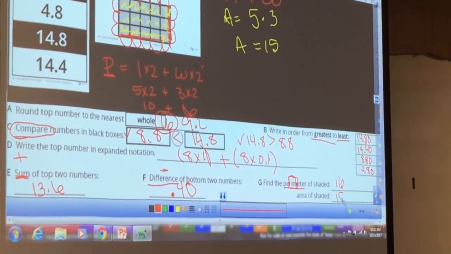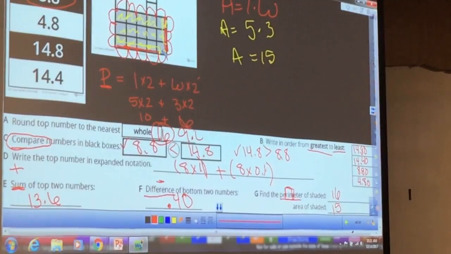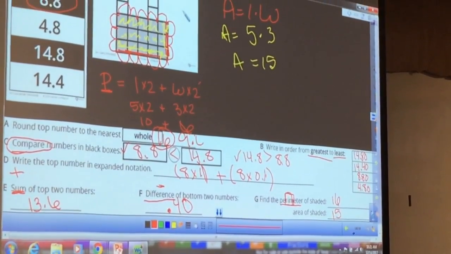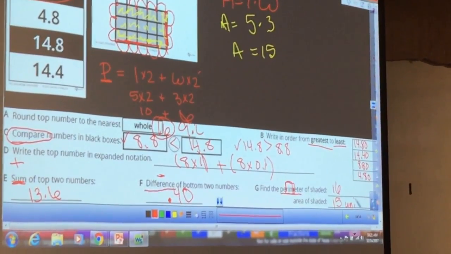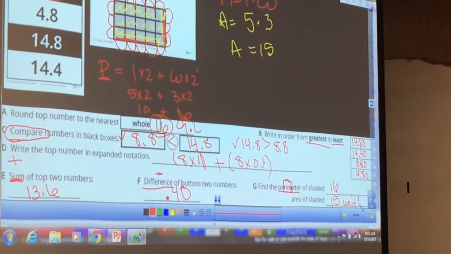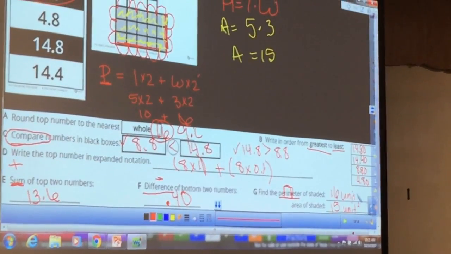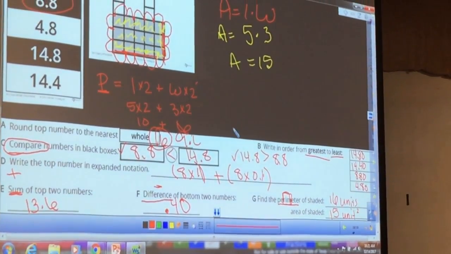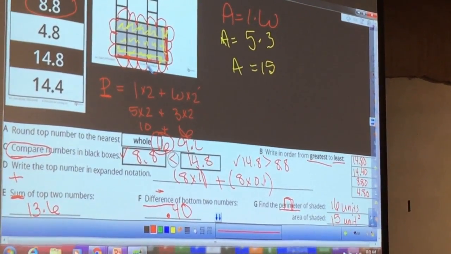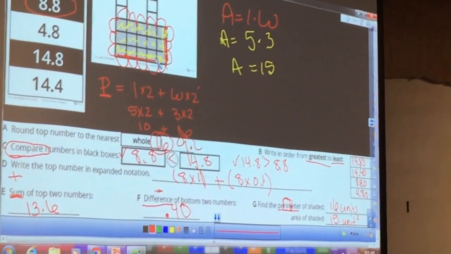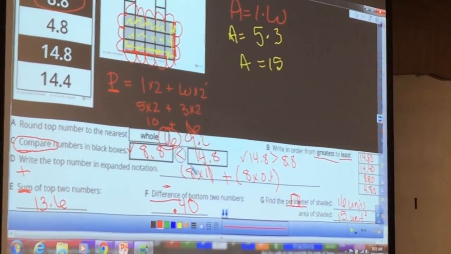Very good. 15 what? Does it tell me that they're inches or centimeters or whatever? No. So it's 15 units, because I don't know what the unit is, squared. And this is just 16 units. Why is it squared? Because they're squares. Square units. Good.